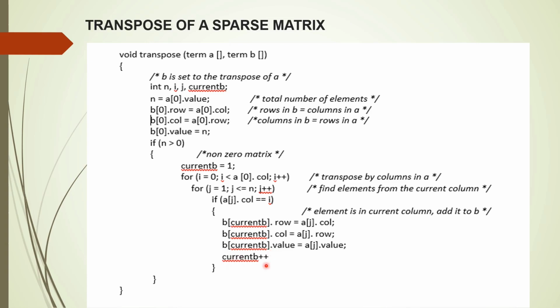Then currentB plus plus. So after storing the row value and column value by interchanging, and the value in the value field, you have to increment currentB to the next row.